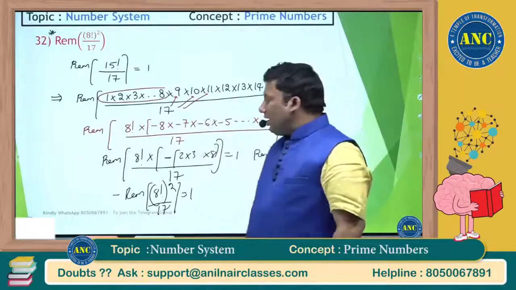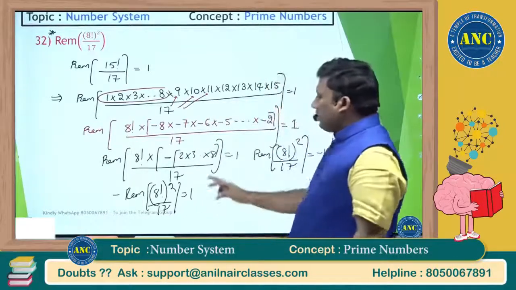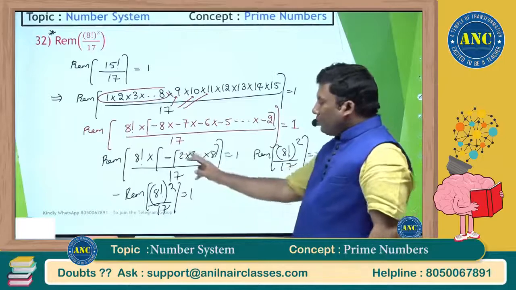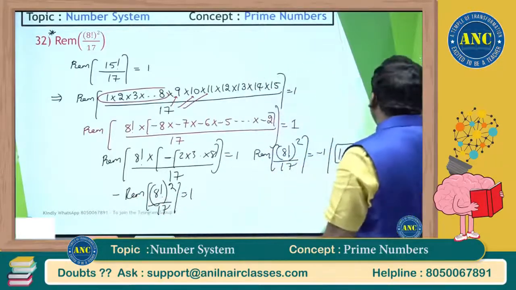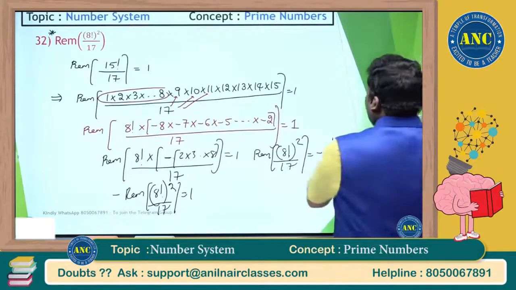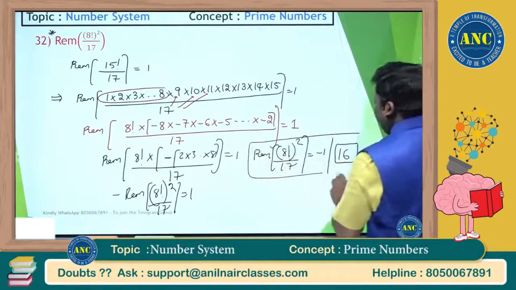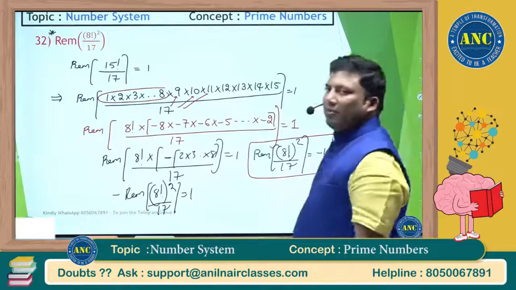From 2 to 8, there are 7 negatives, so minus came. 2 into 8 is 8 factorial. Minus multiplied, negative remainder minus 1, positive remainder 16.